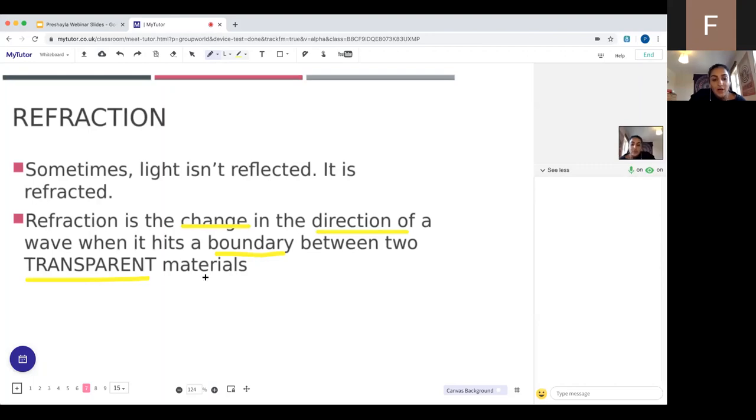So there's quite a lot of key terms in this statement, and it is a very good formal definition for you to put in your exam. So refraction is a change in direction of a wave when it hits a boundary between two transparent materials. So glass, water and air are the ones that you'll be dealing with in your GCSE. So water, glass and air are going to be the things that refract light, that bend light.